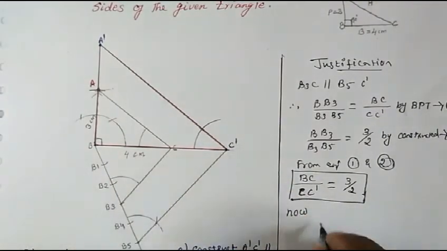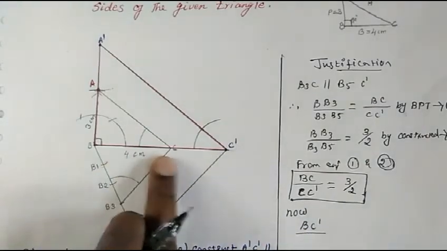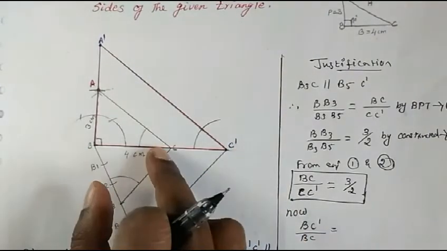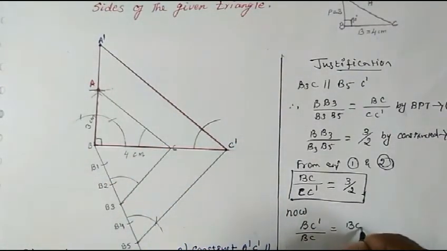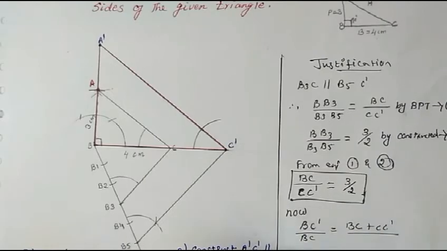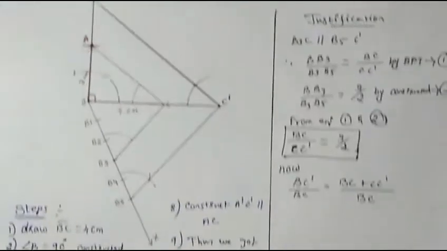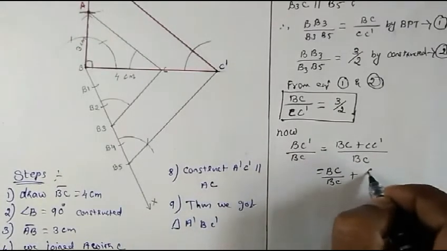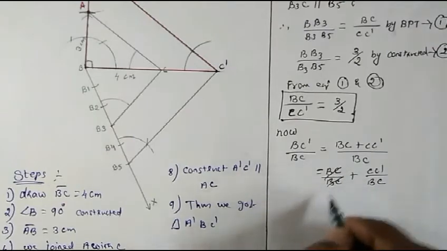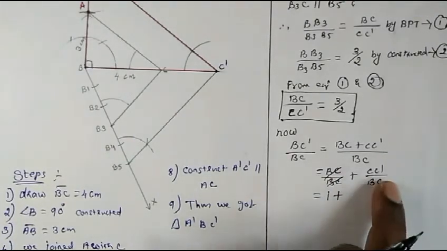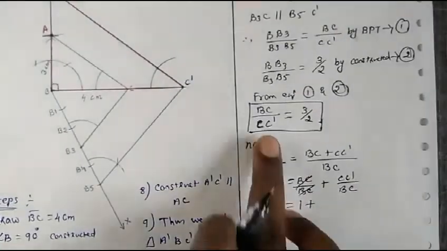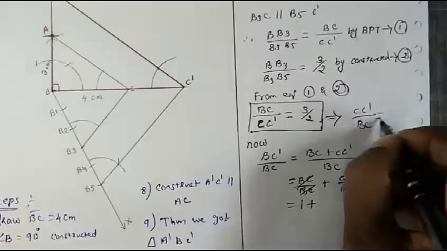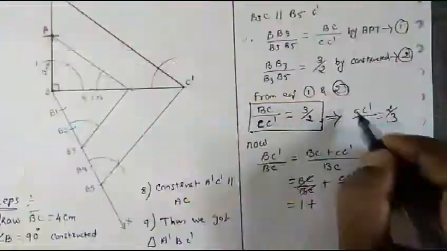So now BC dash upon the small triangle BC is equal to, BC dash can be written as BC plus CC dash, upon the same thing, BC. Now separately write BC upon BC plus CC dash upon BC. Cut this. We have 1. Now CC dash upon BC is what? If you write the reciprocal, CC dash is down, then 2 will come up, 3 will come down.